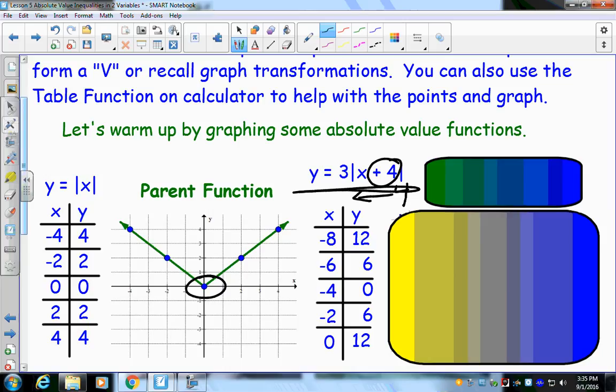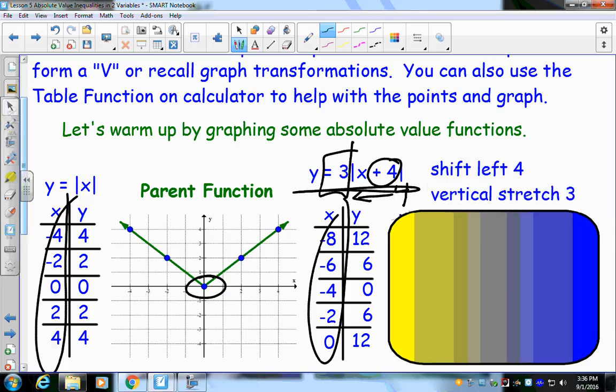I took all the original points from my parent function and subtracted 4 to come up with some new x values. Now, I also have a stretch of 3. We'll talk about that momentarily. So it's shifting left 4 and stretching by 3.